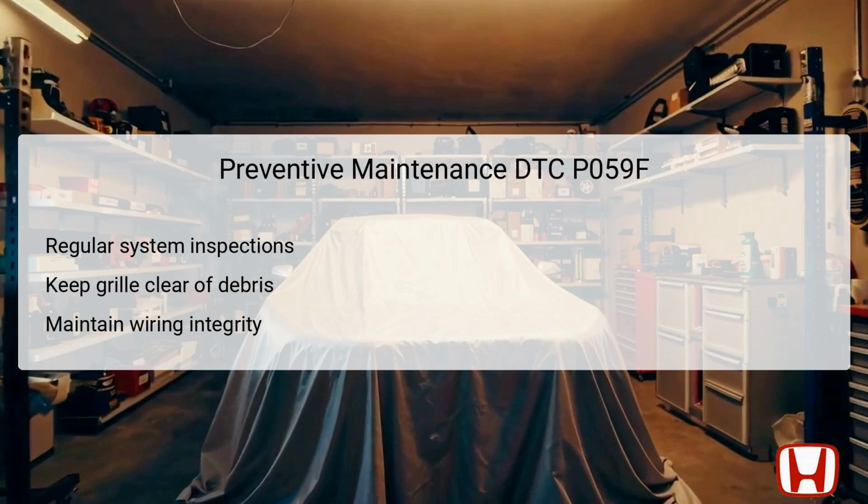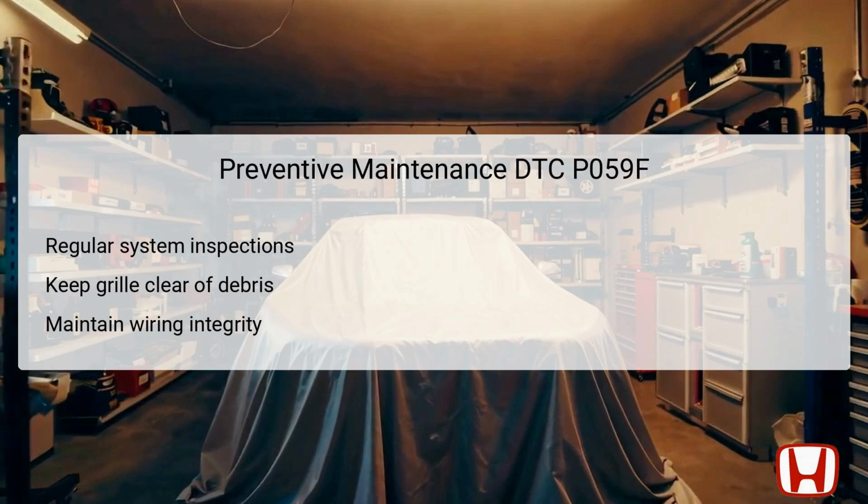Preventive maintenance is pivotal in avoiding future issues related to DTC P059F and similar codes. Regular inspections of the shutter grille assembly can identify any signs of wear or damage before they lead to a breakdown.